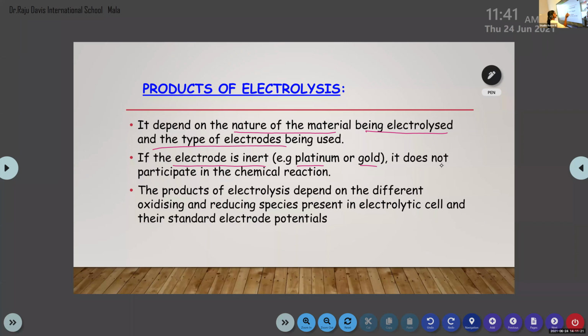So they do not participate in the chemical reaction. But we learned one example in the beginning, copper, which will react in the chemical reaction. Only if the electrode is inert does it not participate in the chemical reaction.